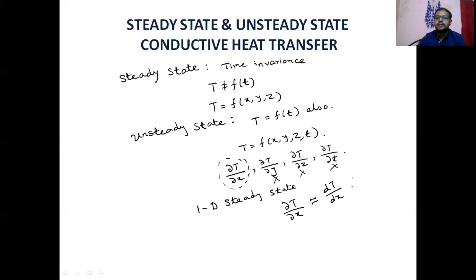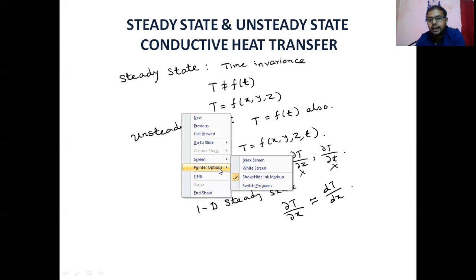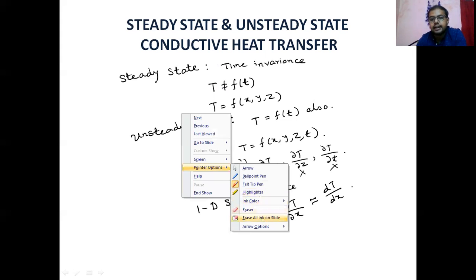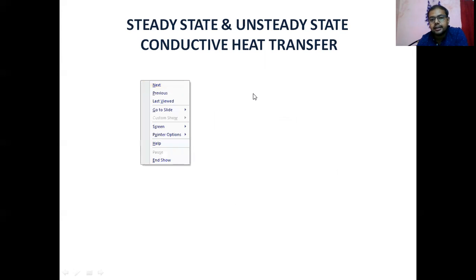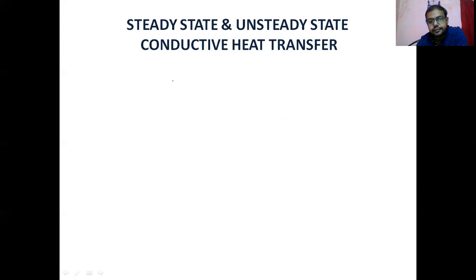We considered this previously whenever we talked about Fourier's law for the first time. In the case of the plane wall, we wrote qx equal to minus k dT/dx.